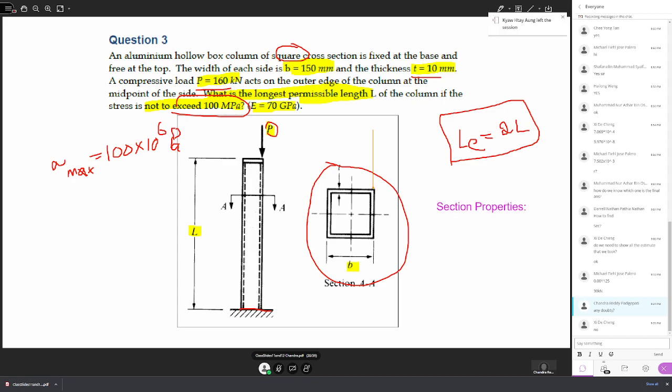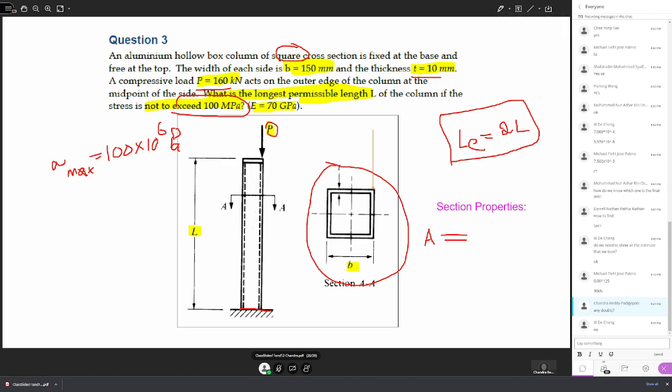So, section properties calculate. First, let me know what will be the area A. Can someone calculate and let me know? So it is a hollow box of columns, a square cross section.